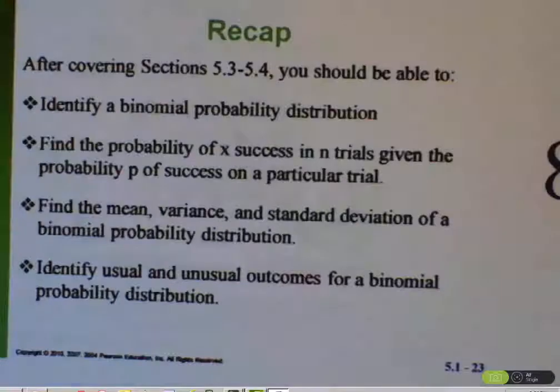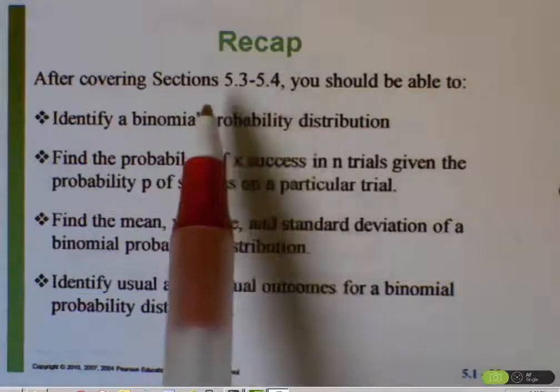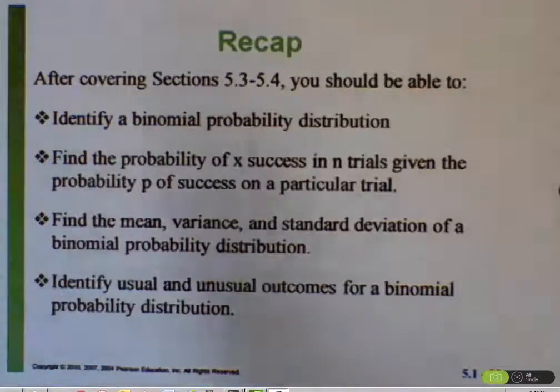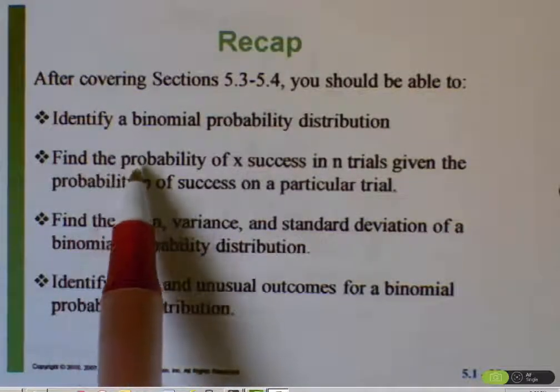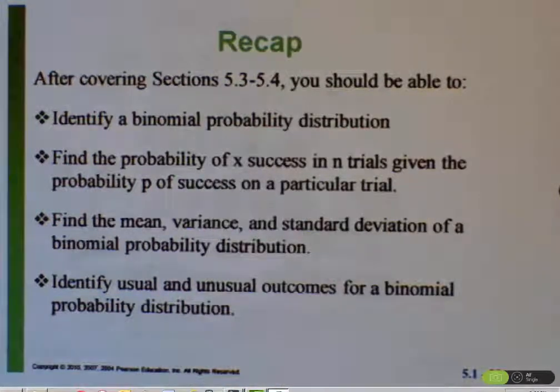All right, just to recap what we've talked about in 5.3 and 5.4, you should be able to identify the binomial probability distribution. You should be able to find the probability of exactly X successes, at most X successes, or at least X successes in N trials.